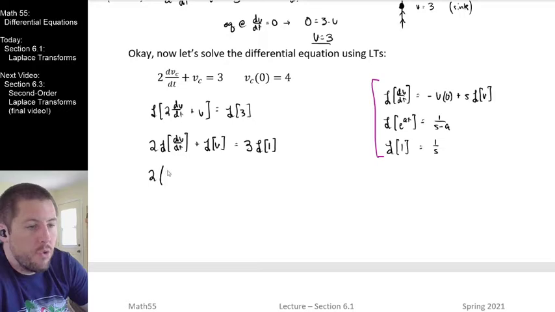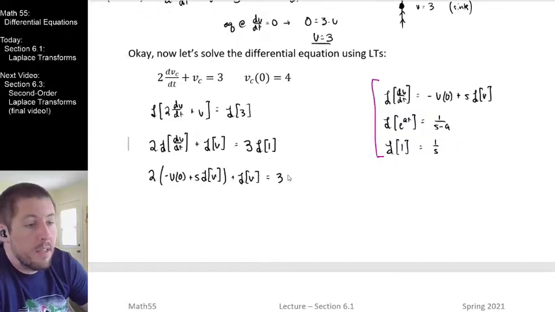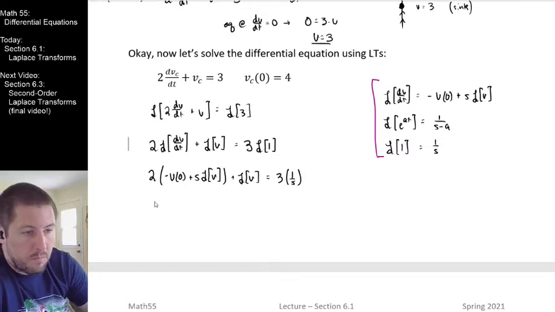I think that I have 2 times negative v of 0 plus s times the Laplace of v, plus the Laplace of v equals 3 times the Laplace of 1, which I know to be 1 over s. I know that negative v of 0 is going to give me negative 4.